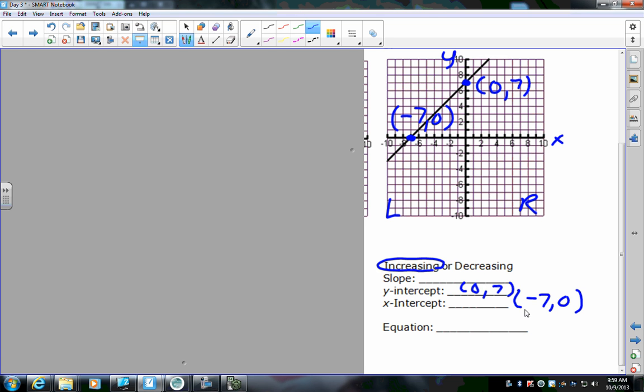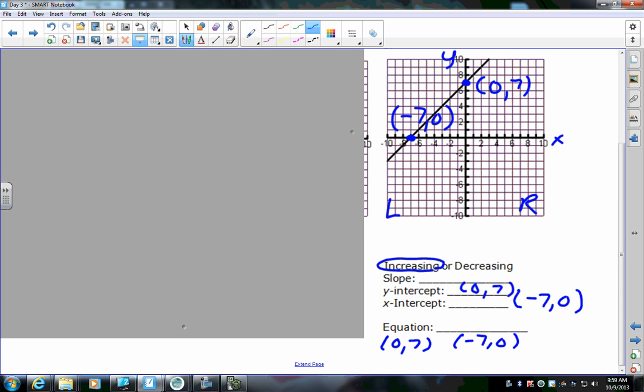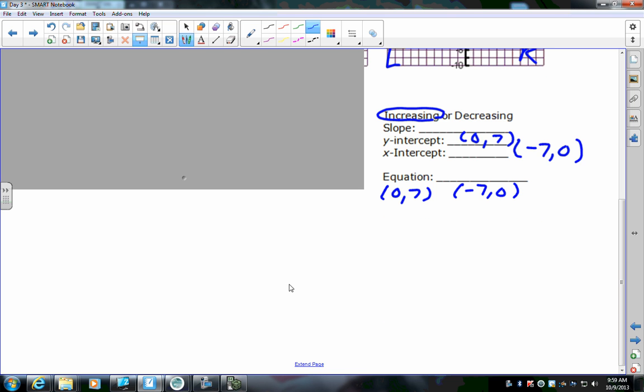Now, to find the slope, you can do the slope formula. If I did (0, 7) and (-7, 0), remember I've got x1, y1, x2, y2.